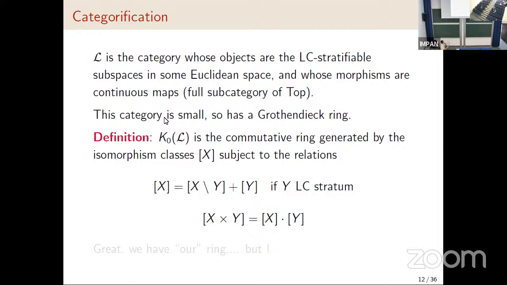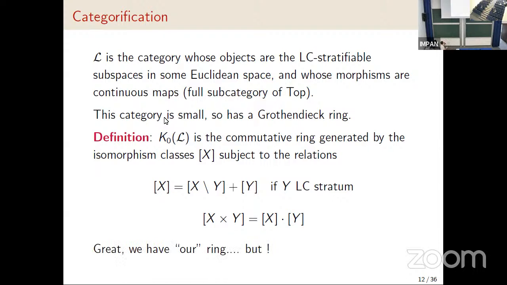And so you want the relations in this. So you're modding out by the subgroup generated by this minus that minus that. That's what it means. In other words, you have this commutative ring generated by this and subject to these two relations. So this gives you a product, and it is okay. I've seen this before. It's a wonderful little construction.